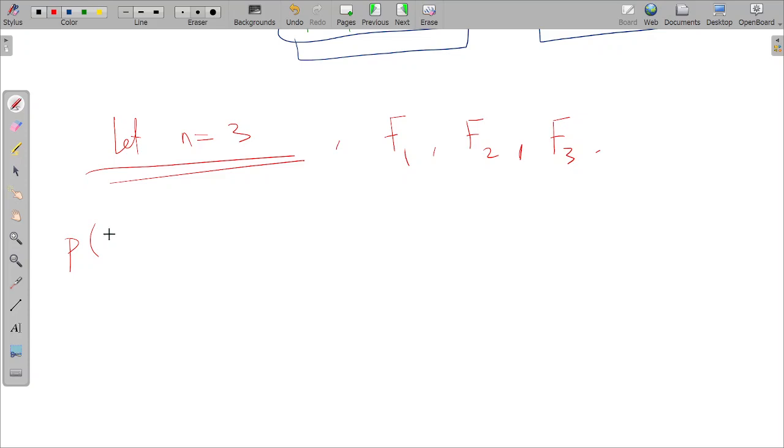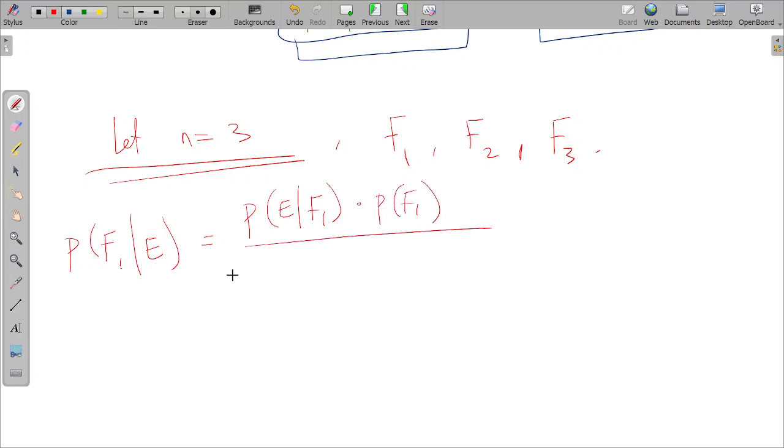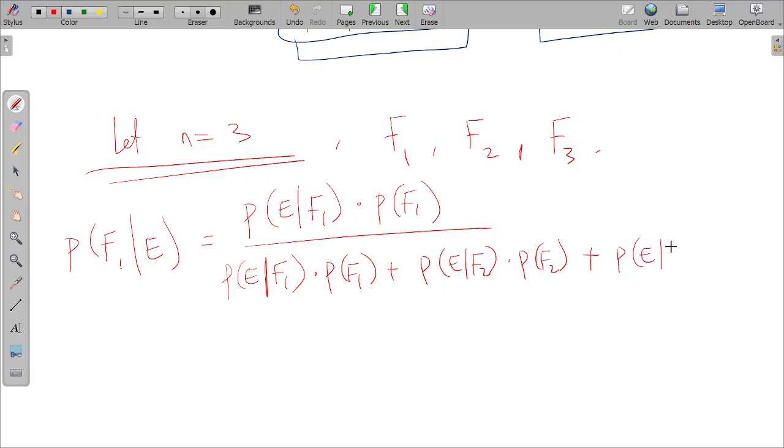The probability of F1 given E will now become the probability of E given F1 multiplied by the probability of F1, all over the probability of E given F1 multiplied by the probability of F1, plus the probability of E given F2 multiplied by the probability of F2, plus, don't forget it's in 3 parts, the probability of E given F3 multiplied by the probability of F3. That is when it is in 3 parts.